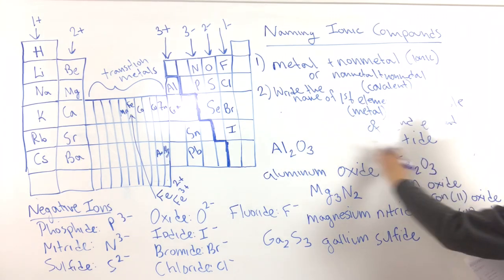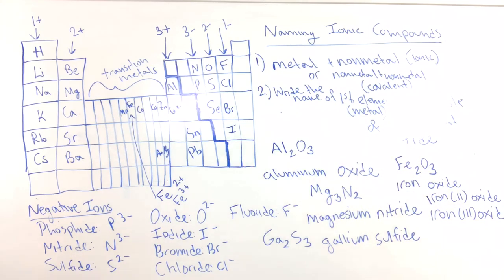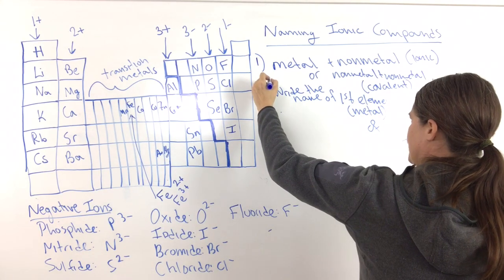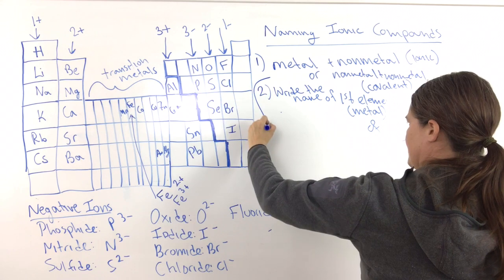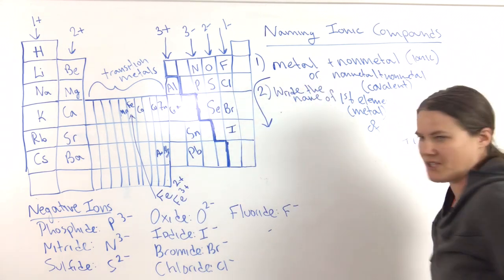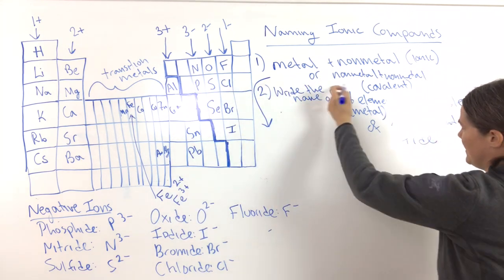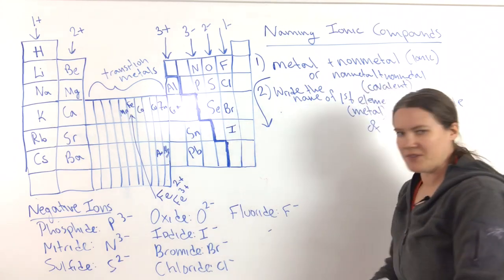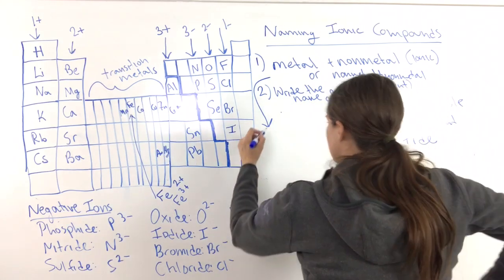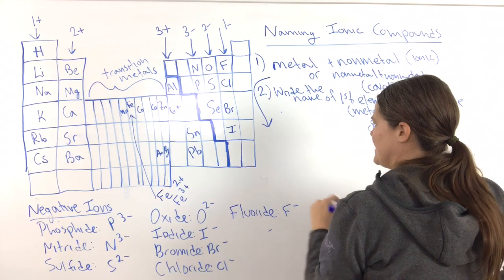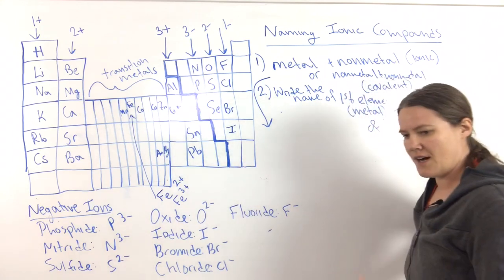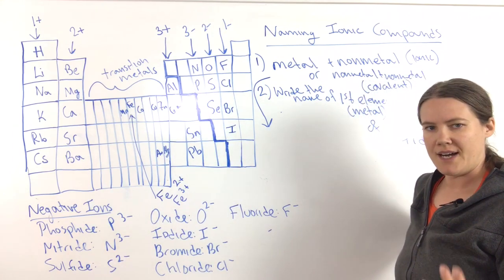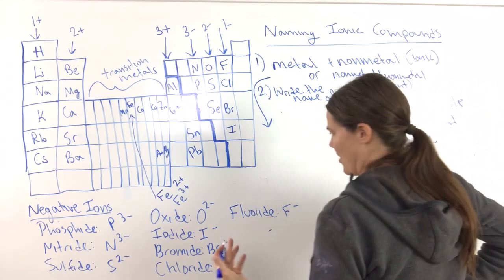So we need to add a rule here, and I'm going to erase some things. After this first rule, once we figure out if we have a metal and a non-metal, so if we figure out that we have an ionic compound, the next thing we need to do is determine if the compound is made up of ions that can have more than one charge.